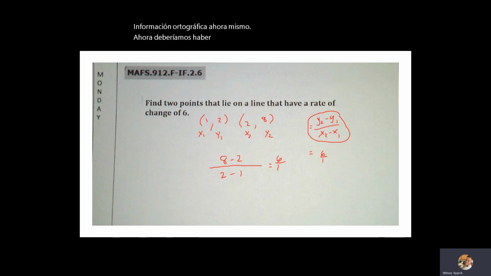Welcome to Coastal. Make sure you sanitize your hands. Take out your yellow notes that say review of CED.1.1, which means create equations and inequalities in one variable and use them to solve problems. And that's what we're going to be doing today.